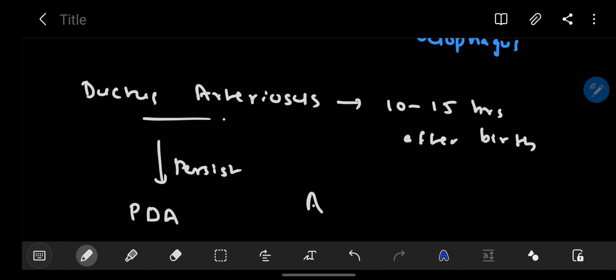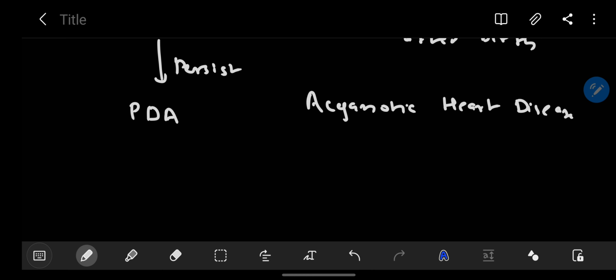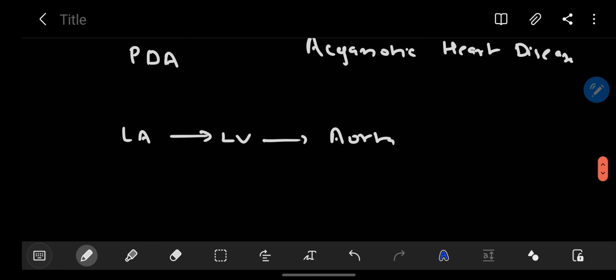This is an acyanotic type of heart disease. In this case, the blood will flow from the left atrium, then to the left ventricle. It enters the aorta. From the aorta, through the ductus arteriosus, it reaches the pulmonary artery, and through the lungs it reaches the pulmonary vein and again to the left atrium.